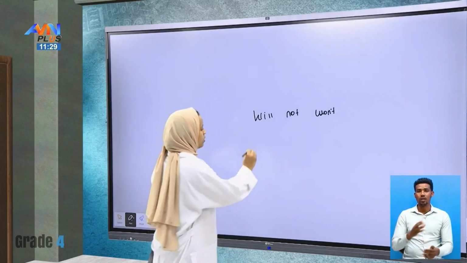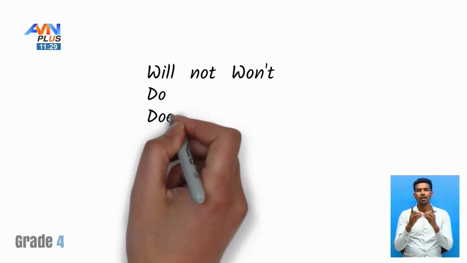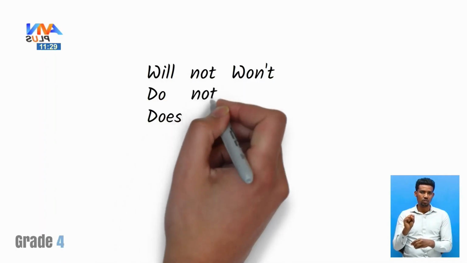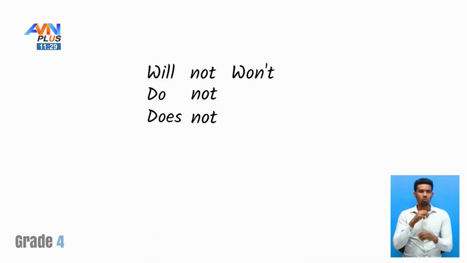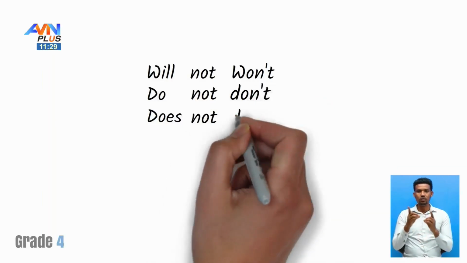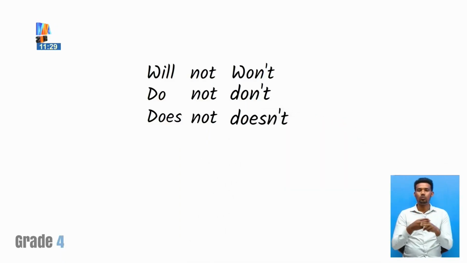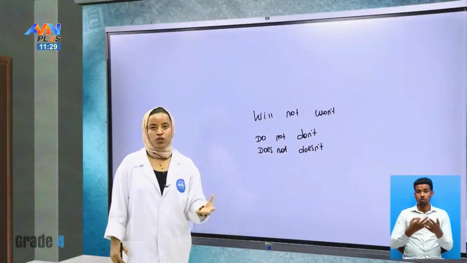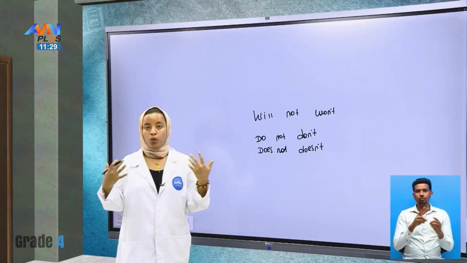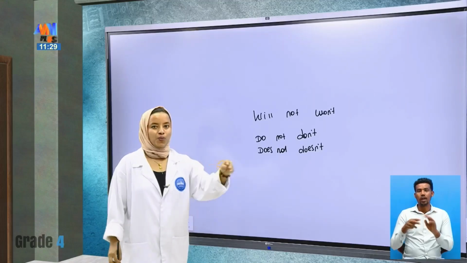And also we will learn about do and does, was not, easily don't, and does not. Easily, we can make this shortened, contracted form of words, mostly with verb to be, verb to do, and verb to have, with their contracted forms with negative form of words.